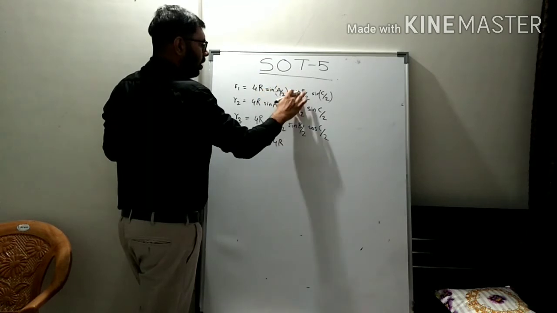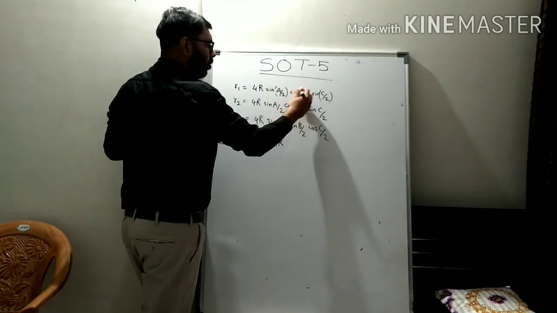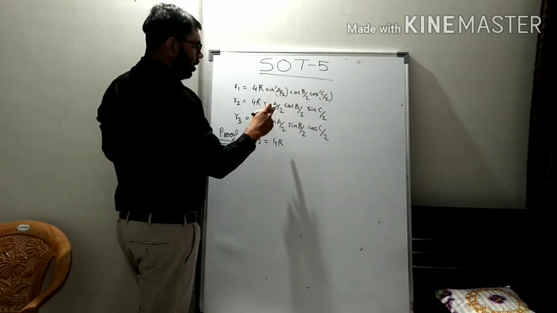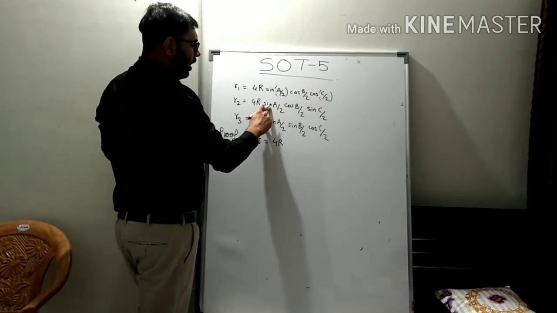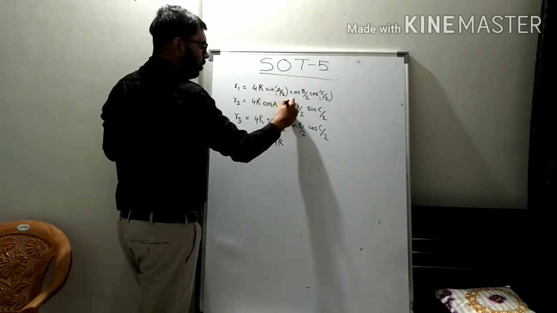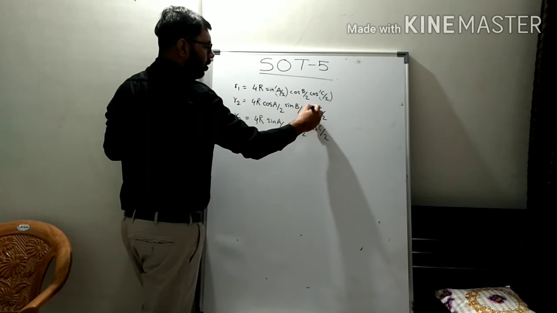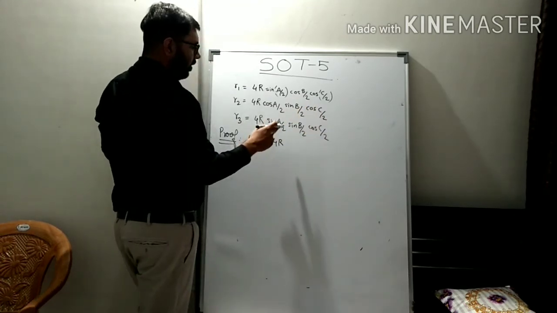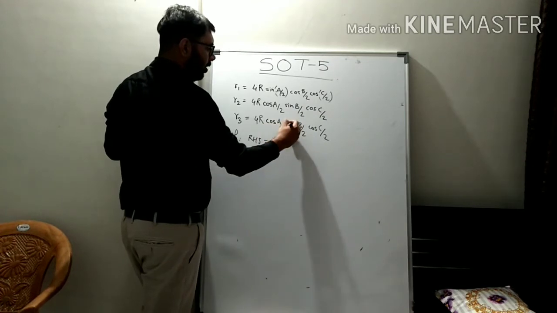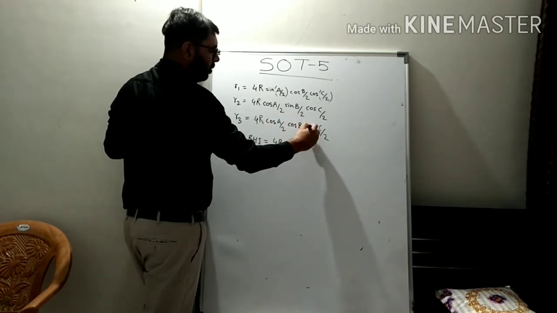It will be sin A by 2 and then cos B by 2, cos C by 2 will come here. Sin A by 2, cos B by 2, cos C by 2. Similarly, here you will have cos A by 2, sin B by 2 and then cos C by 2, and here you will have cos A by 2, cos B by 2 and then sin of C by 2.